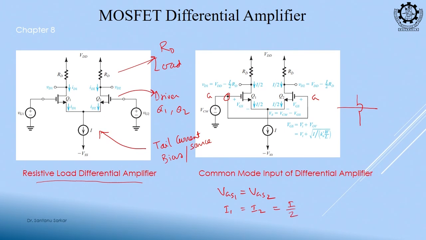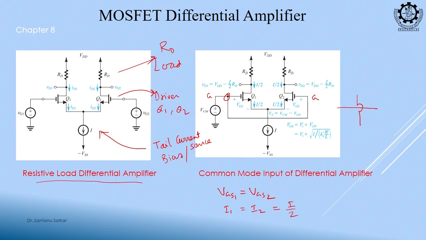So, this is my first condition. What is the first condition? To design any amplifier, the first condition is to provide proper DC biasing, so that both transistors, if it is a MOSFET, are in saturation, right. So, my purpose with VCM is to provide a DC voltage so that both of these MOSFETs are in saturation region, and at DC condition, when both gate voltages are the same, they carry an equal amount of current.